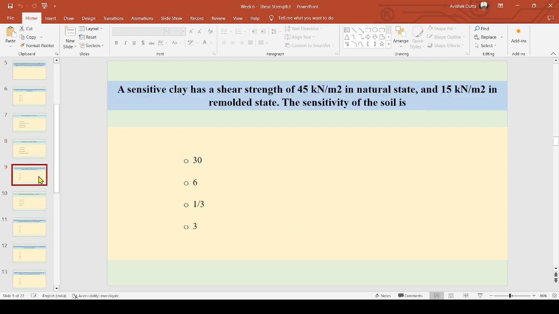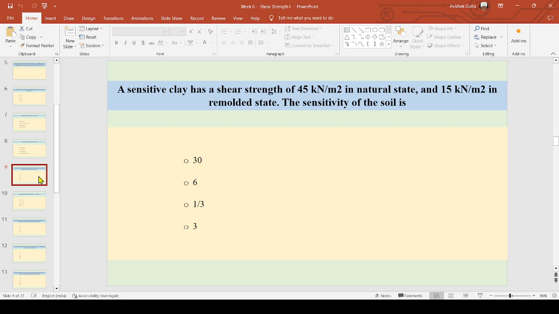Another numerical. A sensitive clay has a shear strength of 45 kilonewton per meter square in natural state and 15 kilonewton per meter square in remolded state. The sensitivity of the soil is.